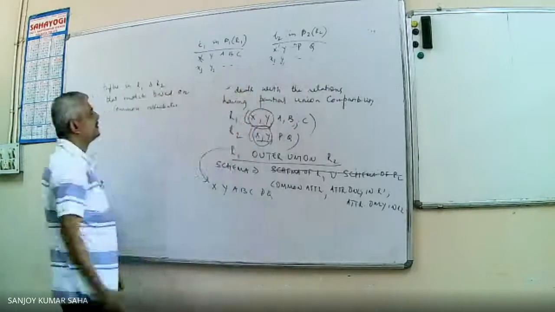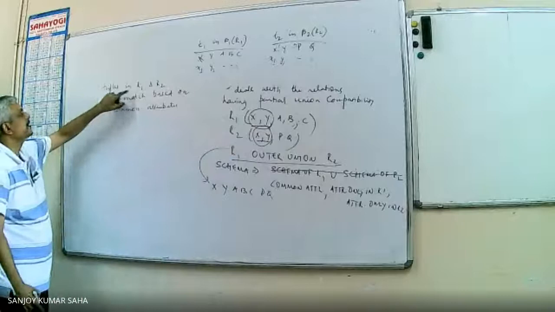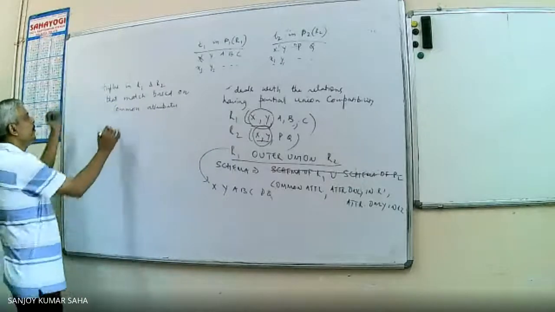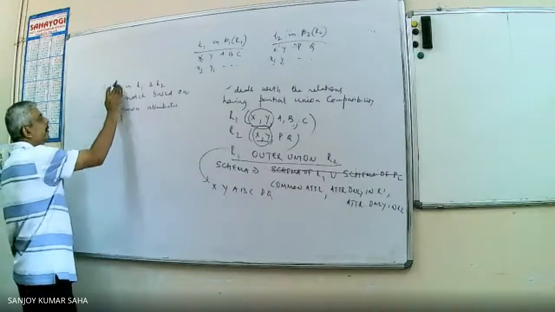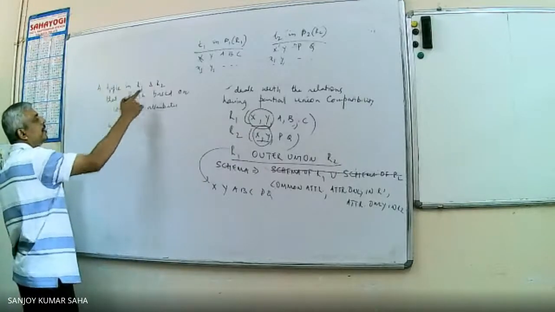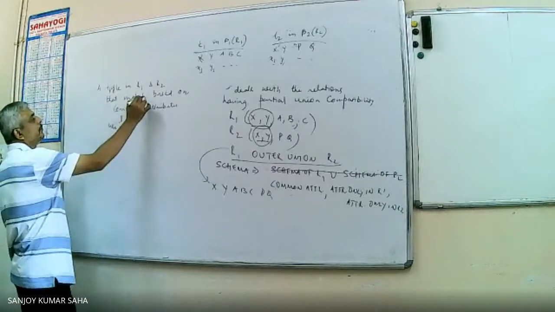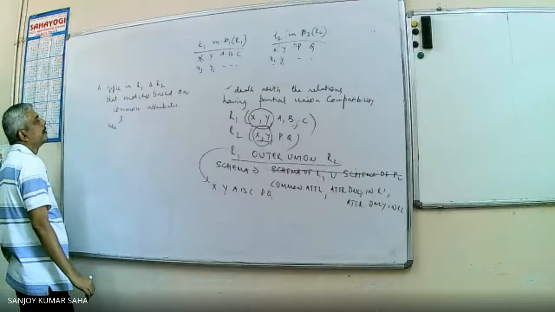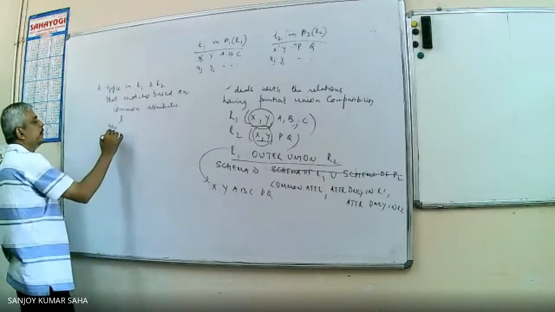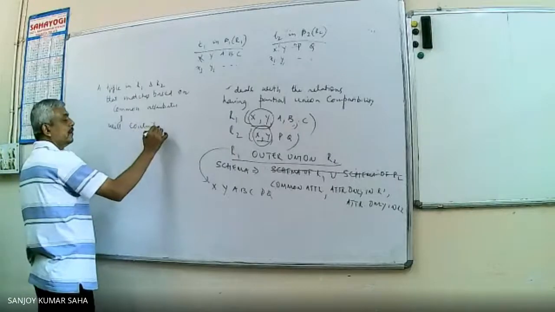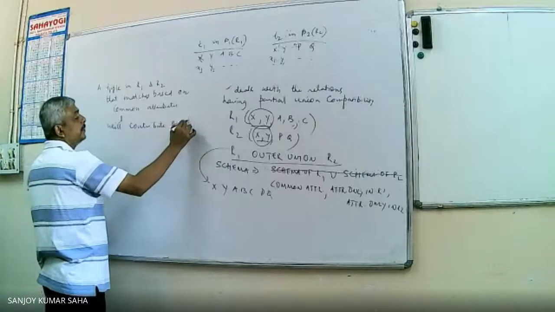So now they match. A tuple pair in R1 and R2 that matches based on the common attributes will contribute one tuple.